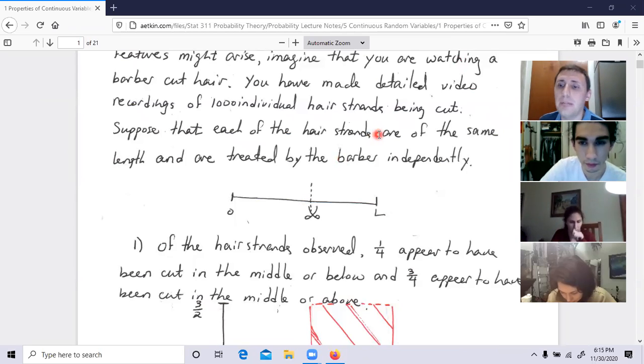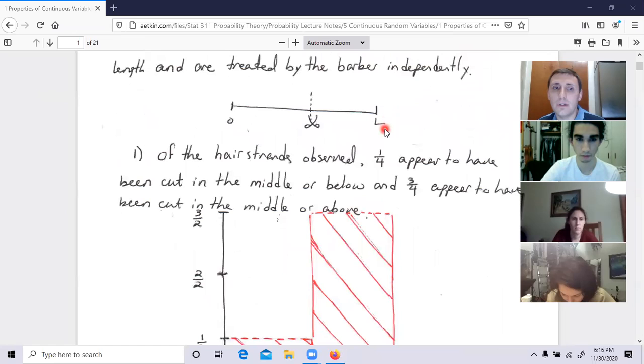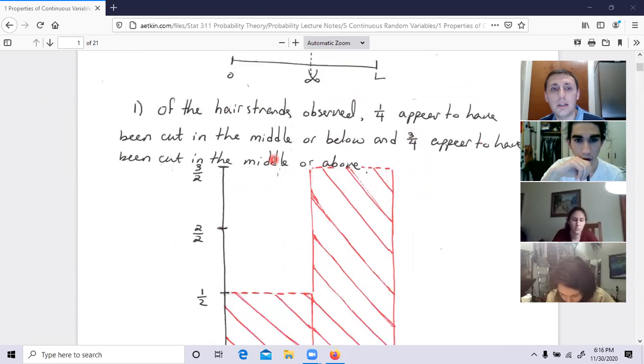So we can begin to see how the cuts are distributed by imagining that the places where the hair could be cut are discrete, okay? So imagine that of the hair strands that you observed, 1/4 appear to have been cut in the middle or below, and 3/4 appear to have been cut in the middle or above.